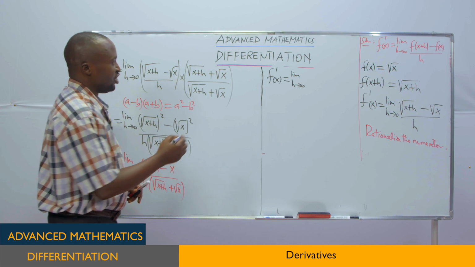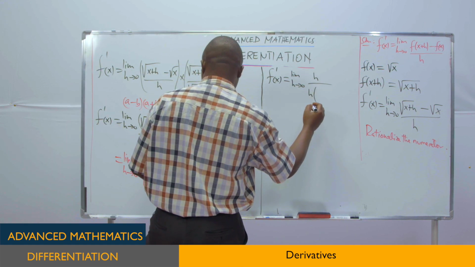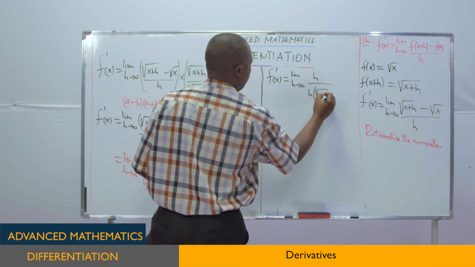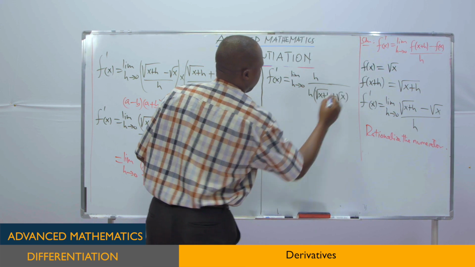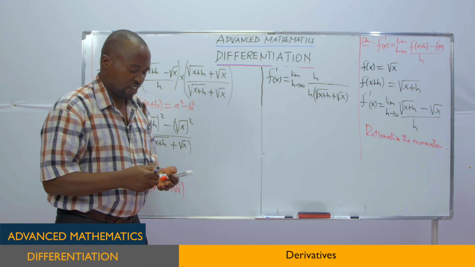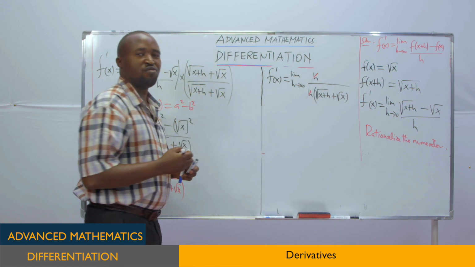So here we remain with h, that is h over h times the square root of x plus h plus the square root of x. So again, we can simplify, that is h over h, that is 1.